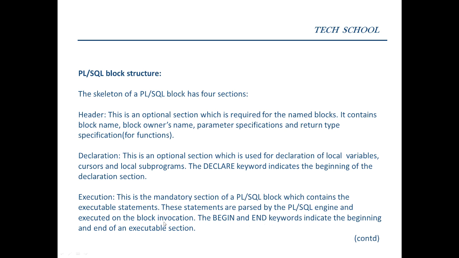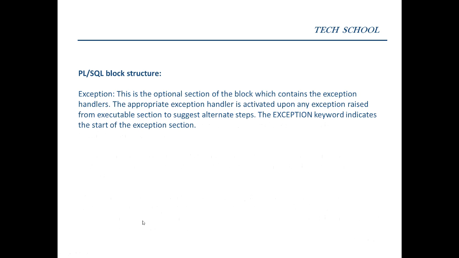So the statements within this are parsed by the PLSQL engine and executed on the block invocation. Then the fourth section is the exception section. This is also an optional section. Suppose in the executable section we suspect some exception and want to handle it gracefully, then we can have exception handlers in the exception section. So the exception keyword indicates the start of the exception section.